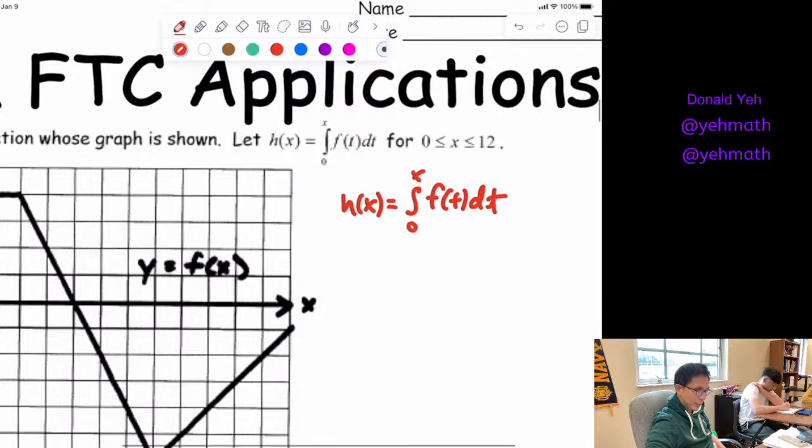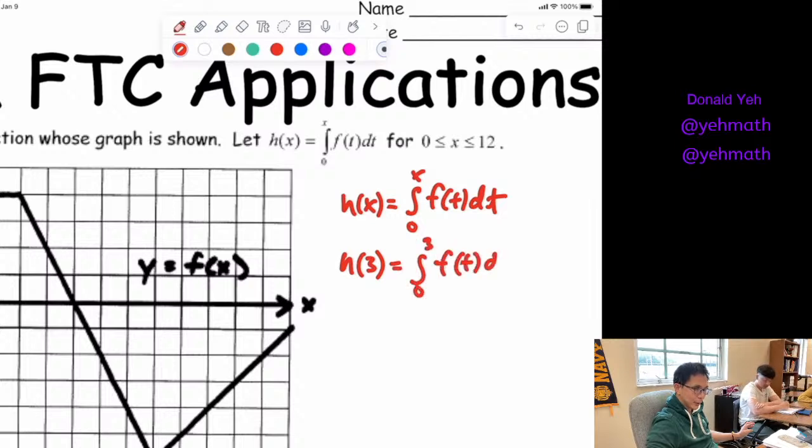Now remember, this is the f of x graph. Some people say f(t) dt. What the hell does that mean? But it's okay. I will show you why they're related, and you don't need to worry about that t in that situation. So, with that being said, if I just find out what h of 3 is, that means the integral from 0 to 3 of f of t dt.